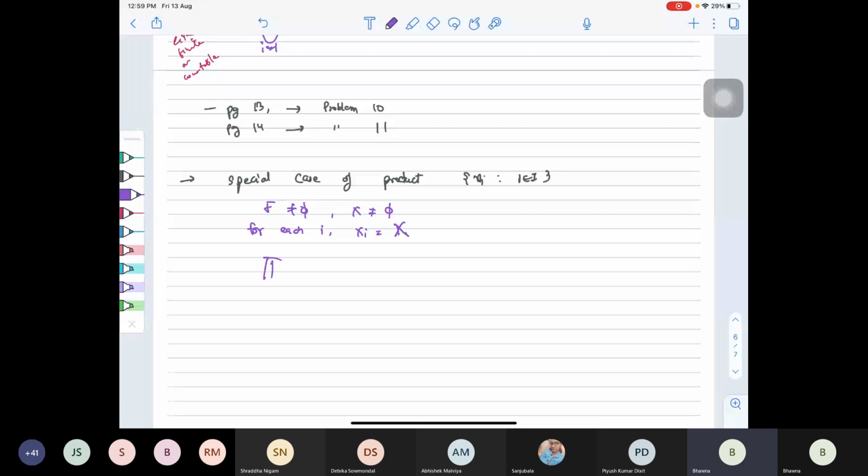So what is the product of Xi then? For the product of Xi, we know it is the set of functions f from I to the union of Xi, such that f(i) belongs to Xi for all i.